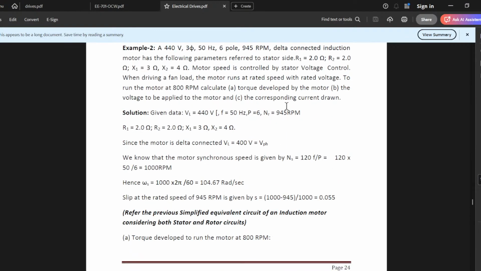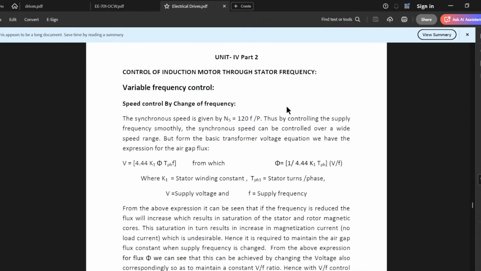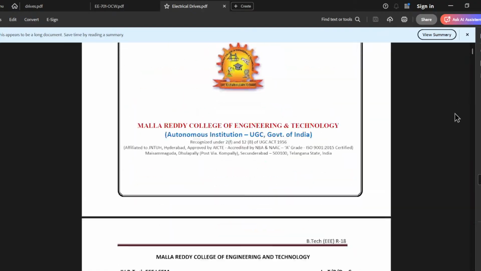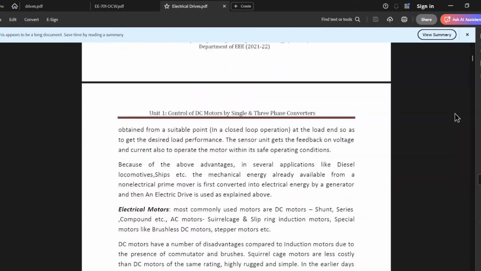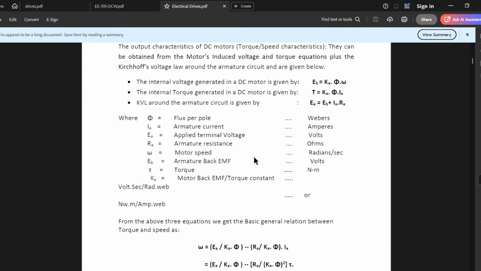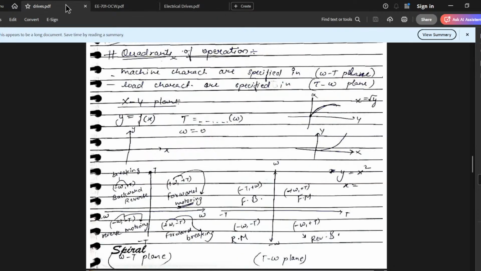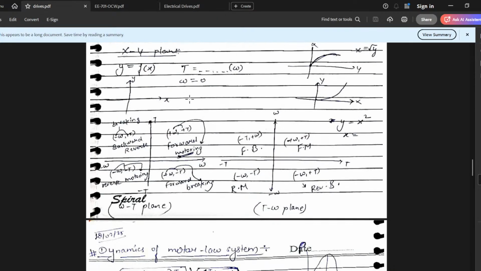Then question on motor. What is this, control of induction motor? We'll start from this only, and also explain this.